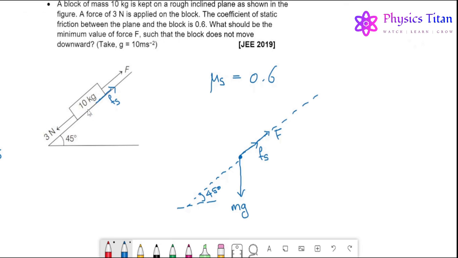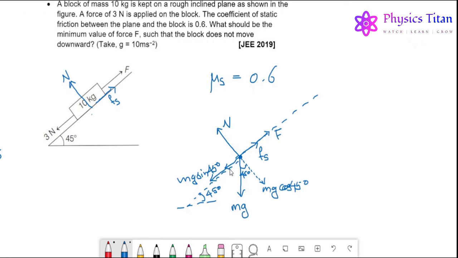Also, the block and the inclined surface are in contact, so there will be a normal force acting on the block, let us call it N. Now if we resolve this weight into two directions, we get the component along the normal direction equal to mg cos 45 degrees, and along the plane mg sin 45 degrees, plus there is one more force acting along the plane, which is 3 Newton.